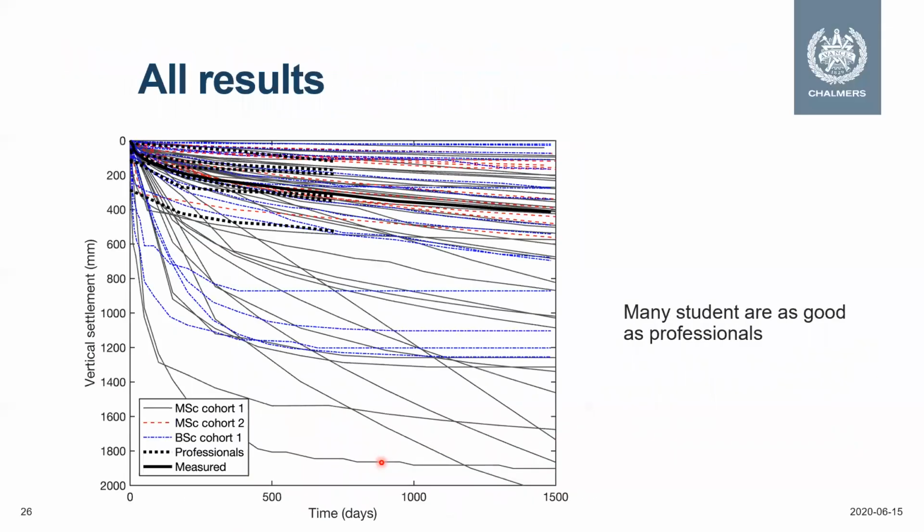If we combine all the results, we see that the professionals are predicting the settlements about as well as our MSc cohort. And if we take out some of the real outliers of our BSc cohort, we realize that the predictions by many students are as good as those by professionals.